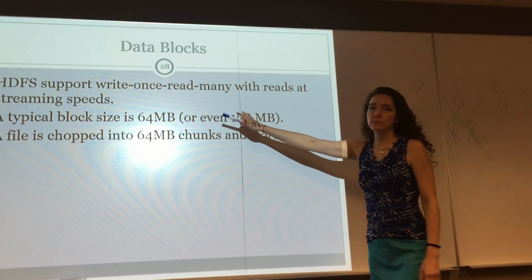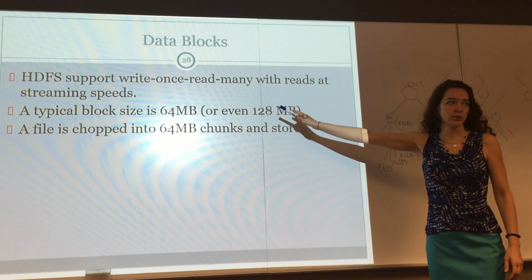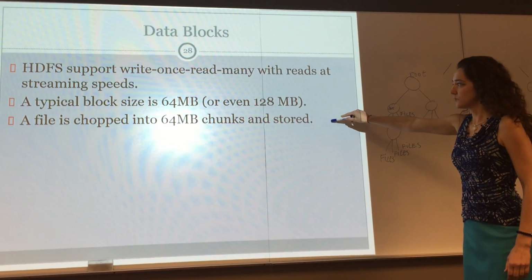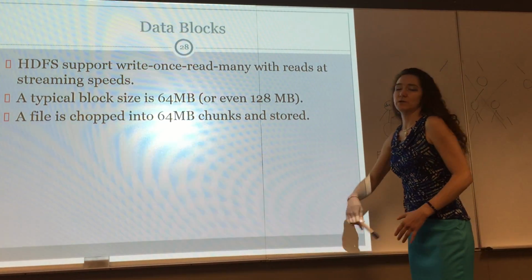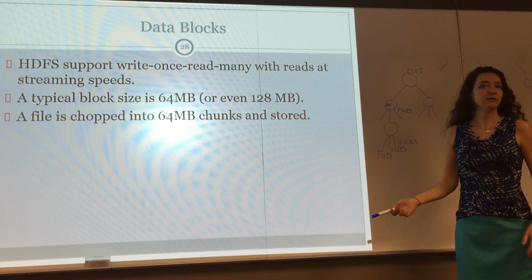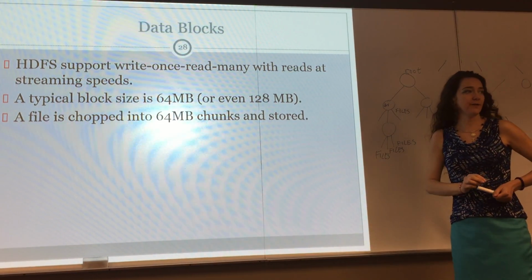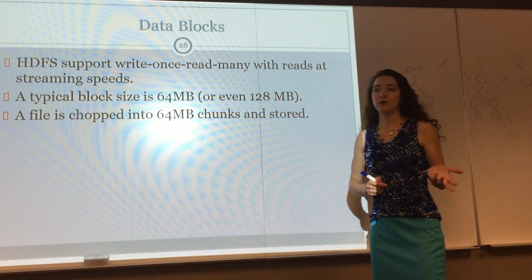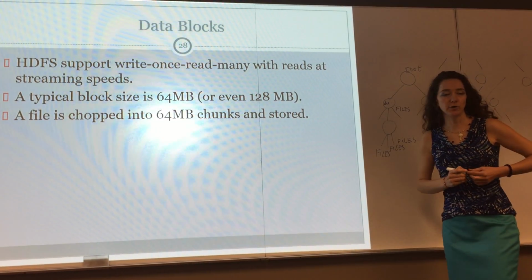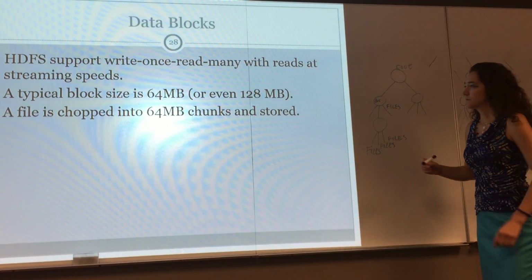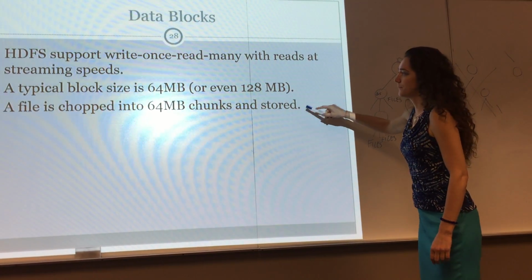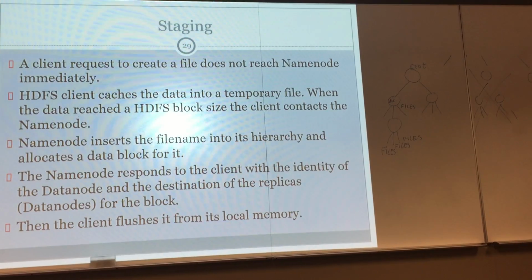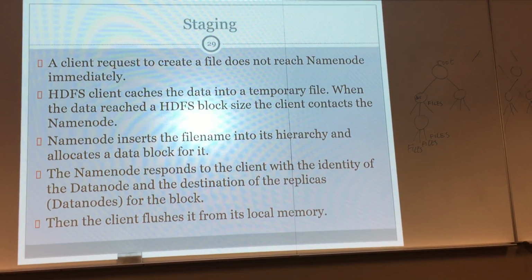Again, this is much bigger than the block sizes in your laptops, because we have huge files here, and they will not fit even into this kind of chunk, which does not usually happen with files on everyday laptops. So the file is chopped into 64 megabyte chunks and stored. Each one goes in its own block.